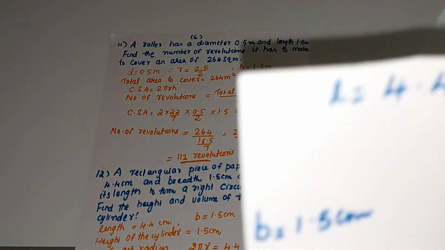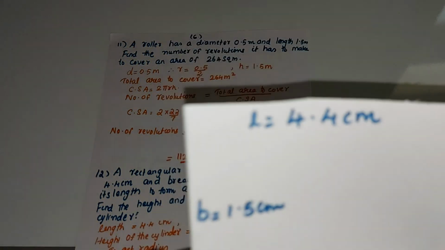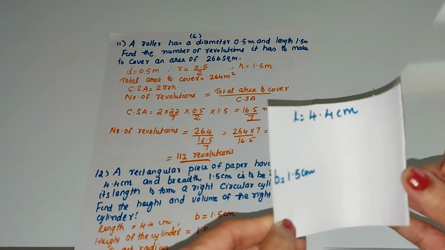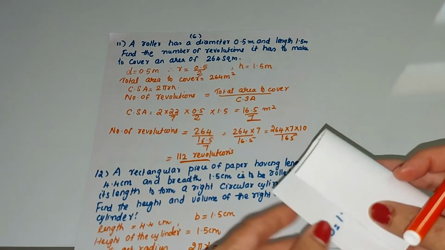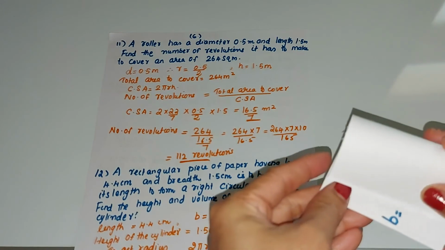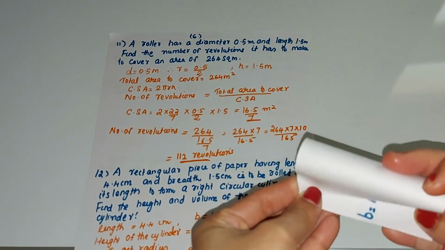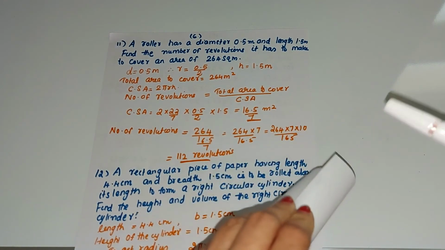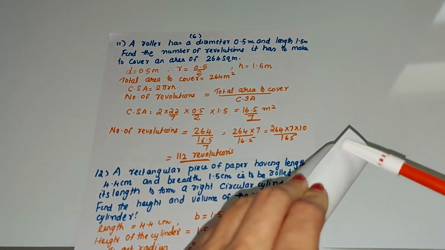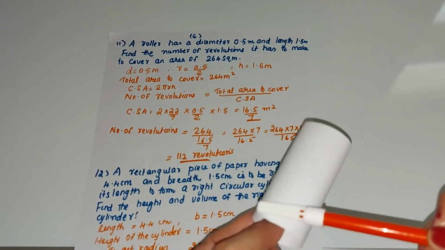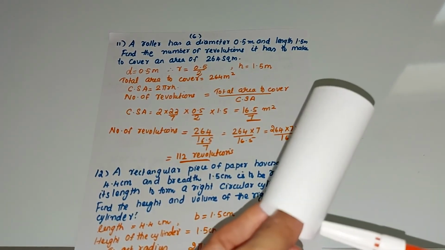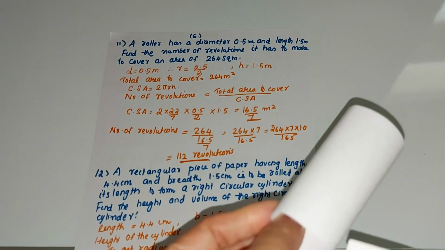So this is a rectangular sheet, and when you roll this along its length, this breadth becomes the height and the length becomes the base circumference.